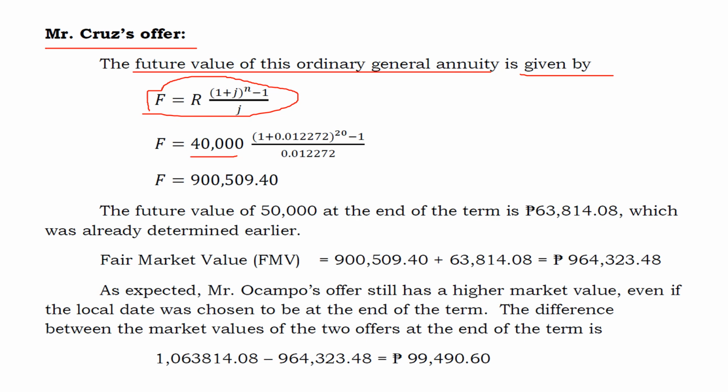So we apply 1 plus 0.012272, the resulting value that we computed a while ago for i raised to 4 over 4, compounded quarterly, raised to 20. Why is it 20? Because we multiply the number of quarters per year by the total number of years, that is 4 multiplied by 5, minus 1, all over 0.012272.